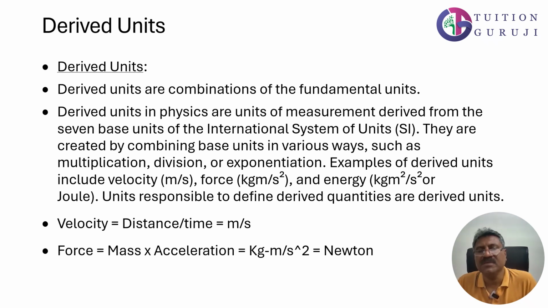The derived units are combinations of the fundamental units. Derived units in physics are units of measurement derived from the 7 base units of the International System of Units, the SI system.